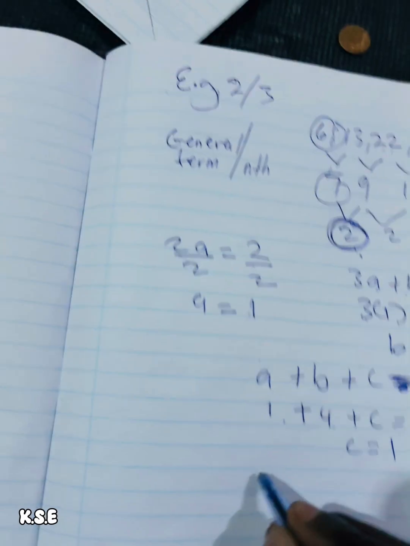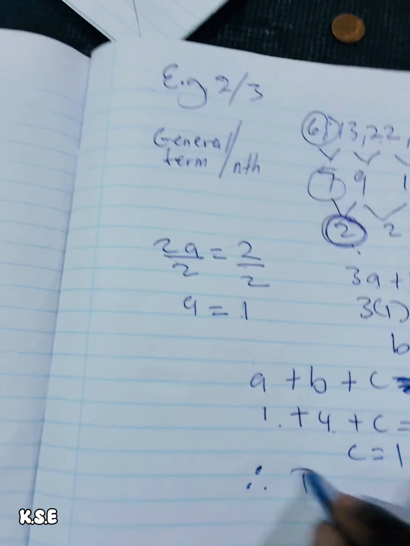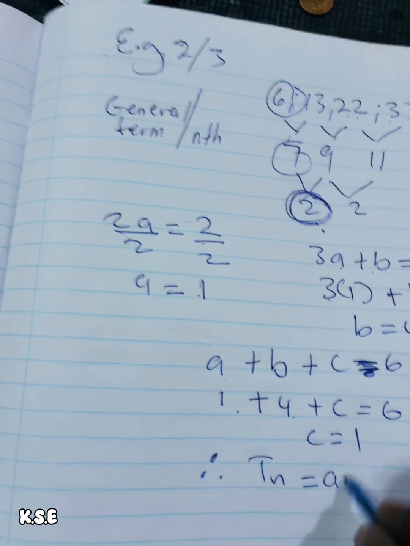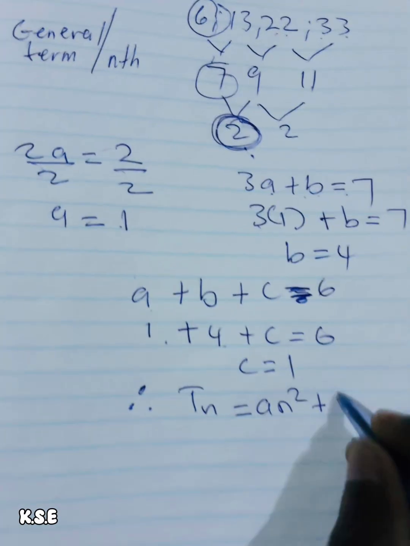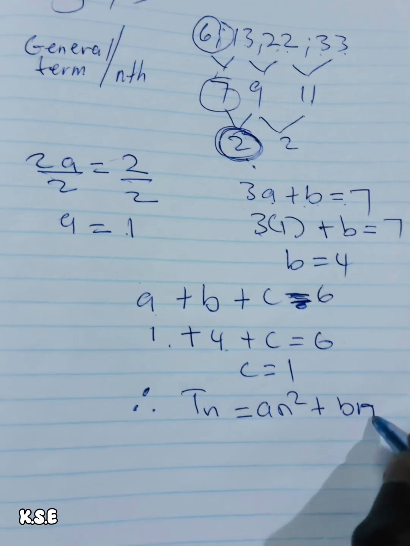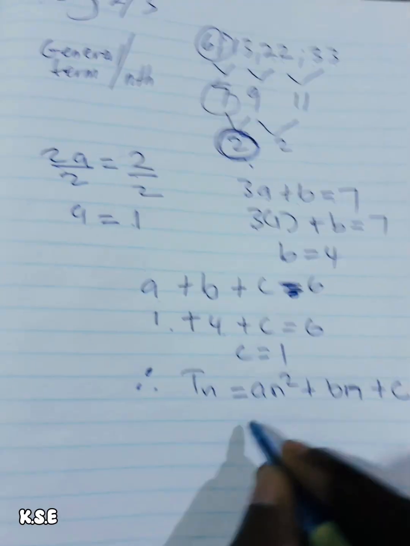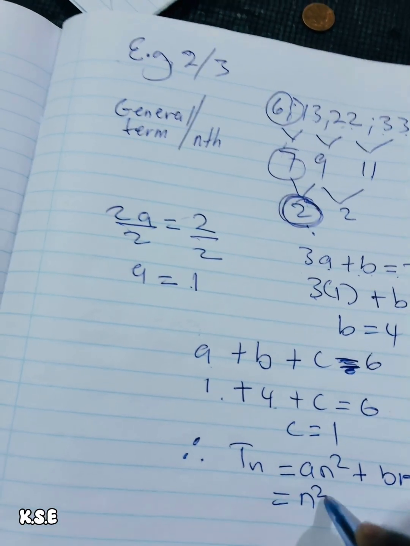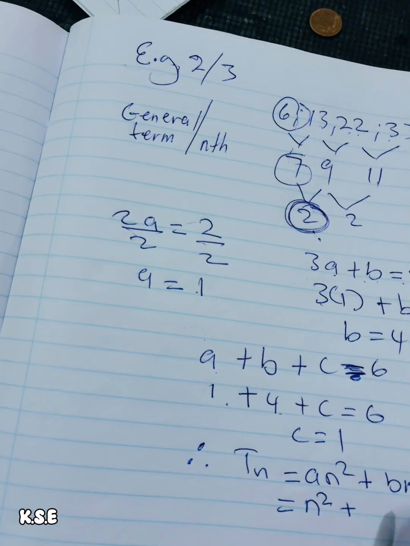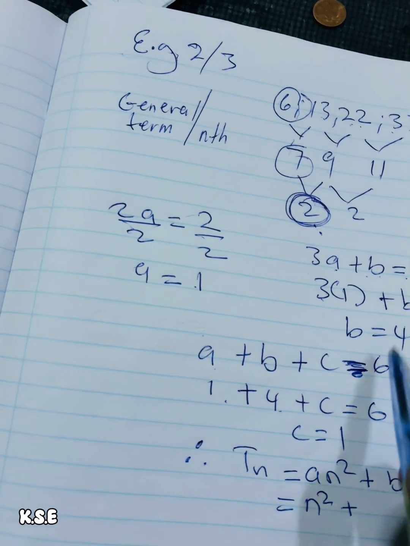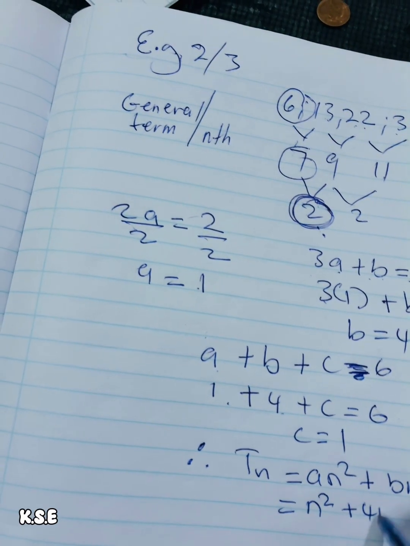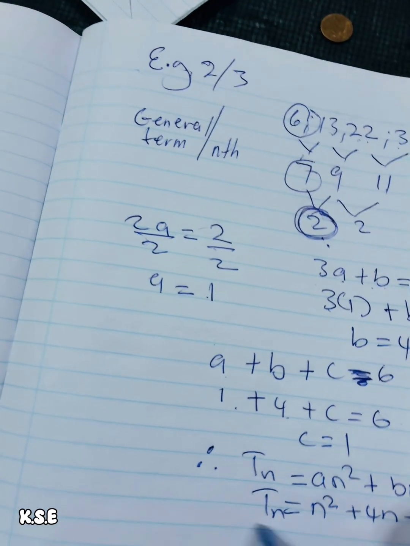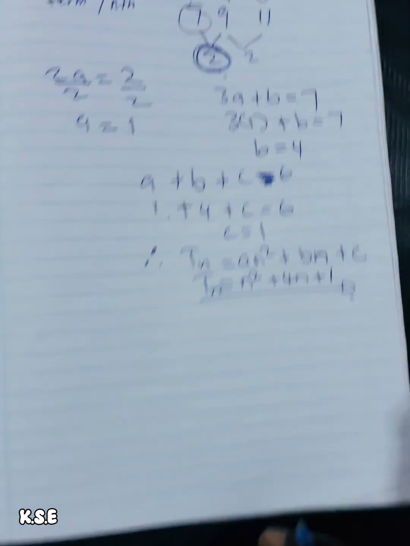That means therefore our nth term is equal to a n squared plus b n plus c, meaning we can substitute now. We got 1n squared, then on b we got 4n, on c we got plus 1. That means this Tn is equal to this.